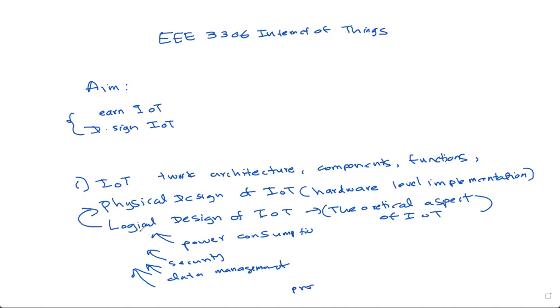First you will be making the plan in the logical design, and afterwards we will be implementing it in the physical design of IoT. Those are just a brief understanding about the physical design and logical design of IoT. We'll be learning about them in depth in the upcoming lectures. So we'll be taking them slowly and going through them one by one.